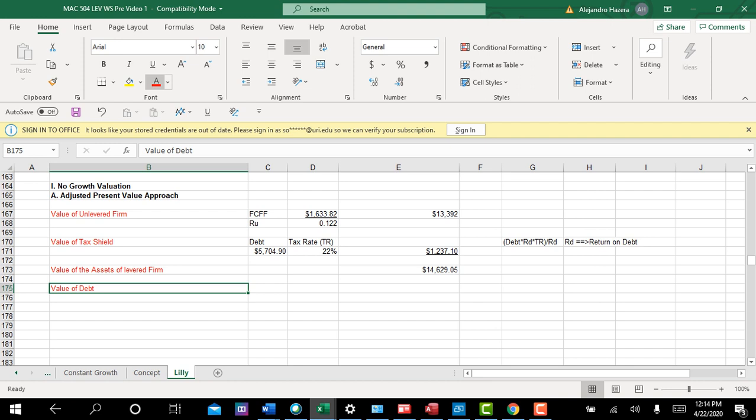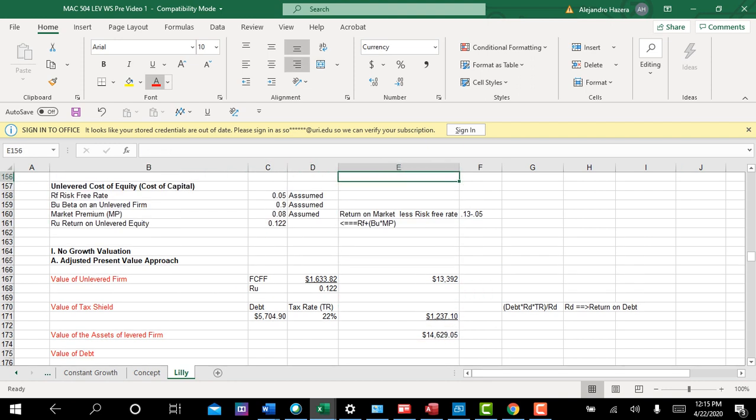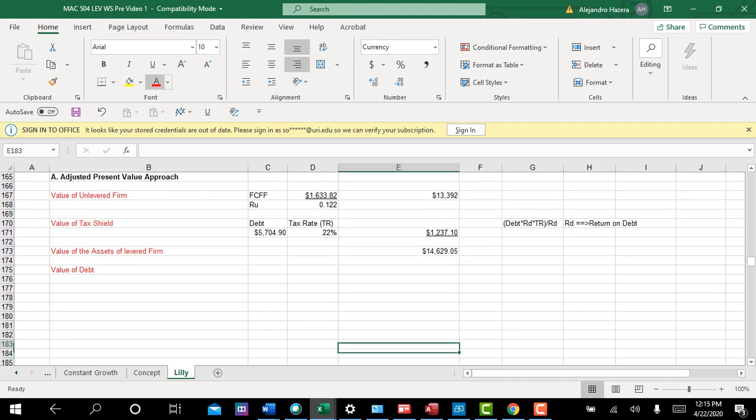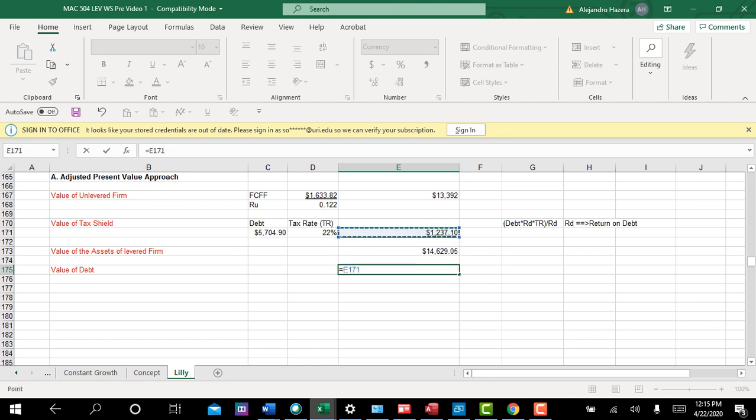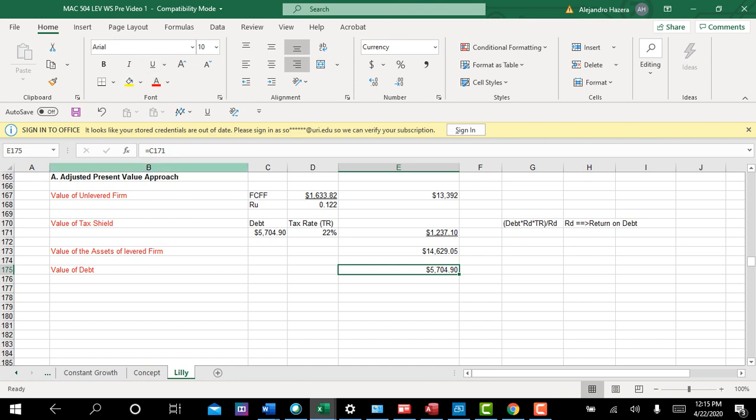We should already have the number for that, and we do. Move this up here a little bit. The value of debt is just that number right there. Like I said, in real life, you would use the market value. But we'll subtract this number out.